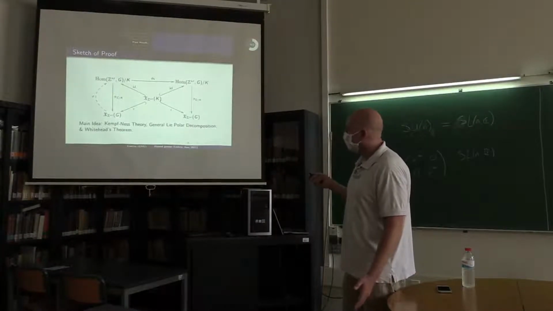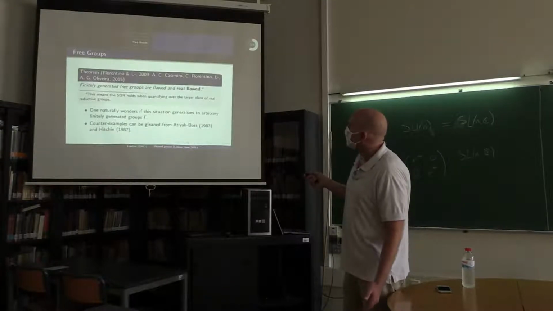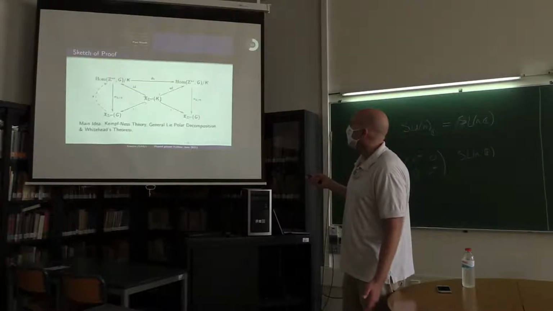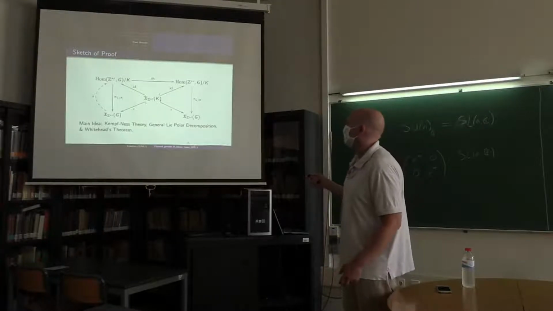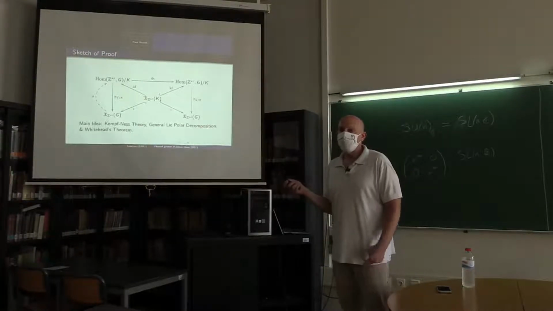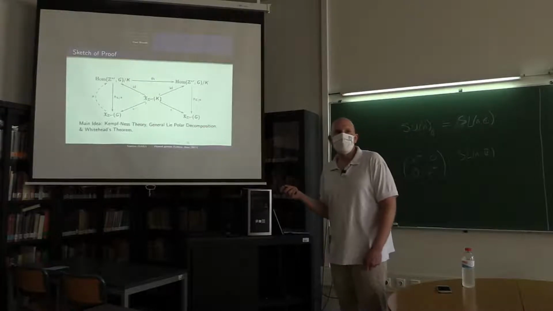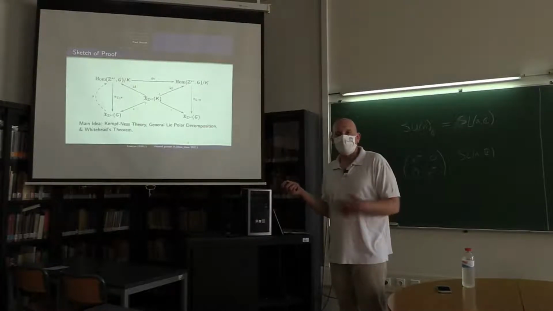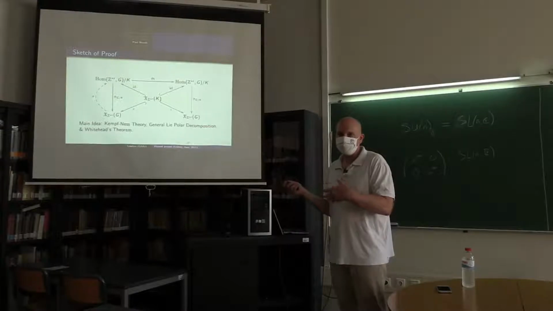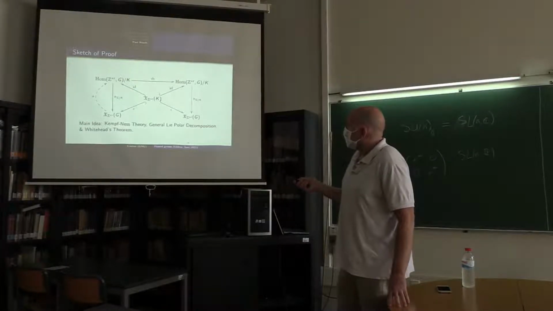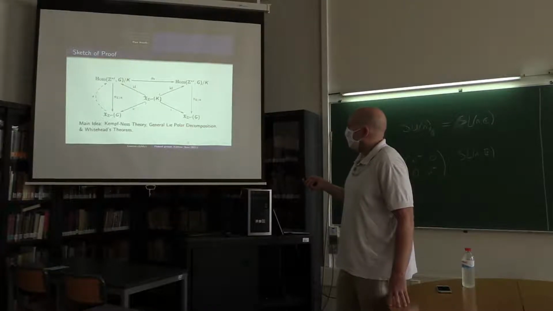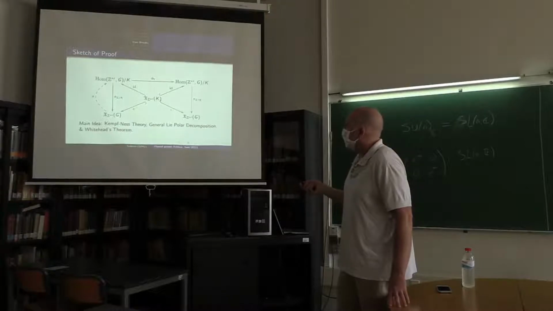So here's a sketch of the proof, at least in the complex reductive case. Although the real reductive case is actually not that different, given that work of Richardson, which generalized a lot of the facts that are used in the proof for the complex reductive case. Okay, so basically the main ingredients are Kempf-Ness theory, the general Lie group polar decomposition, and Whitehead's theorem.